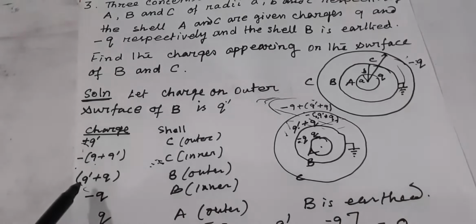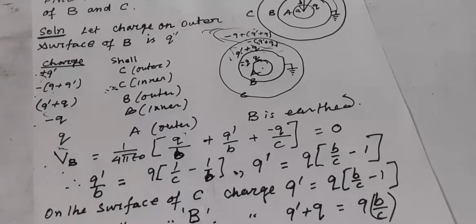Solving, we get q dash equals q times the bracket b by c minus 1. On surface C will be q dash, this is the amount, that is q within bracket b by c minus 1, and on surface B will be q dash plus q, that will give q times b by c.